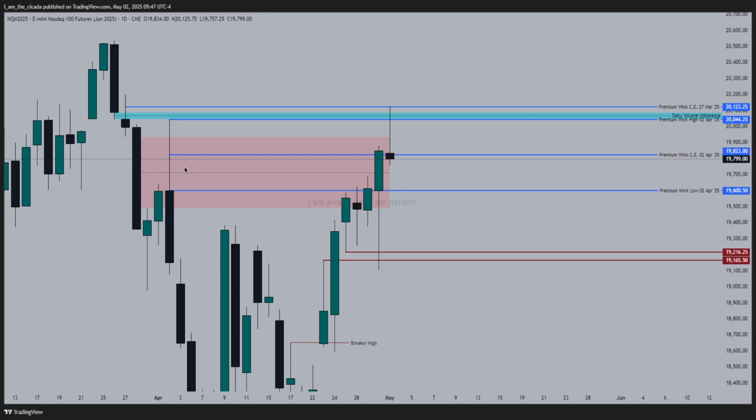Through that, we were able to denote the high of this wick through the disrespect of the propulsion block and also the run through of these typical highs. I noted down actually that if we were to reverse from the relative equal highs, then intermediate term high and daily volume imbalance is likely not to be seen, as this run higher would just be a turtle soup that would bring us lower in the future.